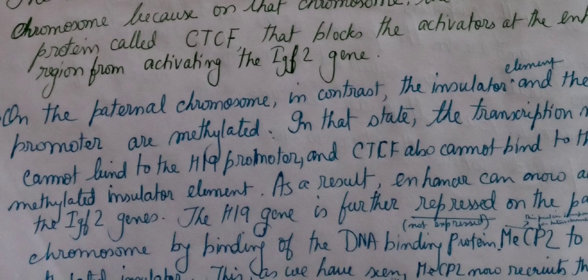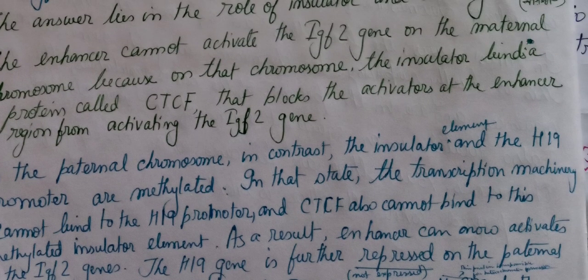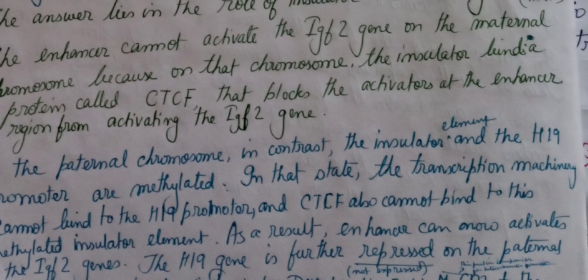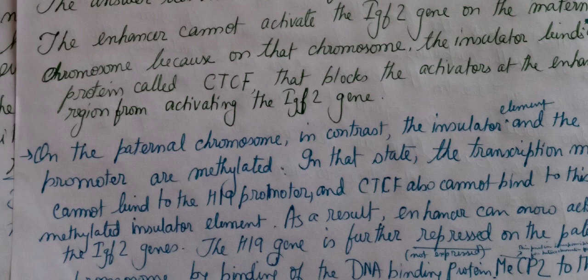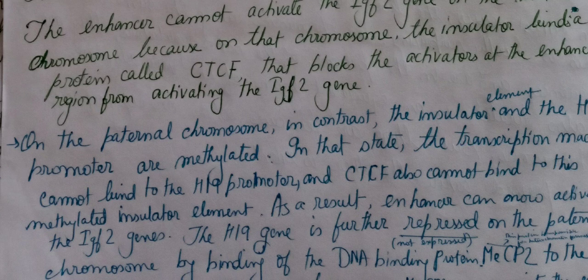In the case of the paternal chromosome, in contrast, the insulator element and H19 promoter are methylated. Again I repeat, on the paternal chromosome the insulator element and H19 promoter are methylated. Because that region is methylated, the transcription machinery cannot access the H19 promoter, right?